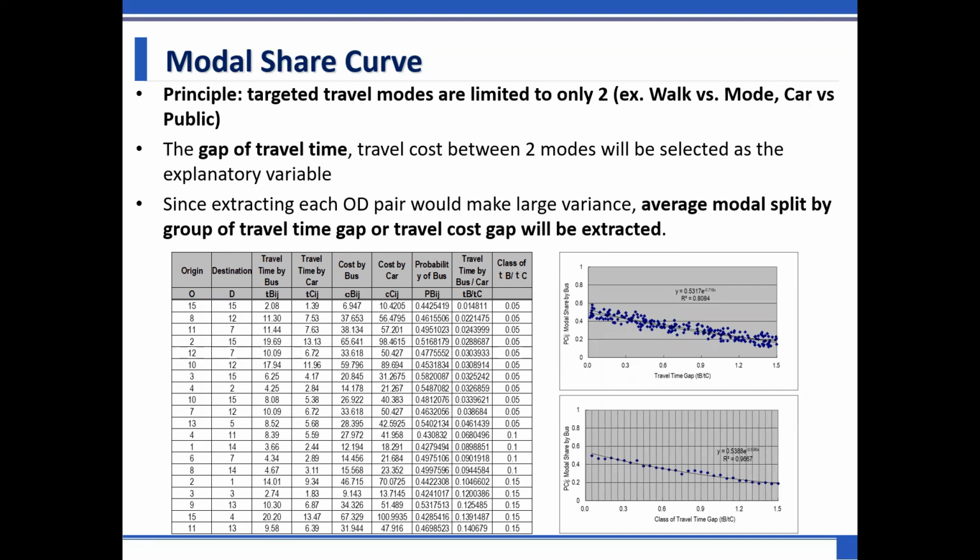According to this figure, the travel time gap between the bus and the car and the probability of the bus being chosen are plotted by OD pair. From this estimation result, how travel cost and travel time are related to the modal share is estimated.